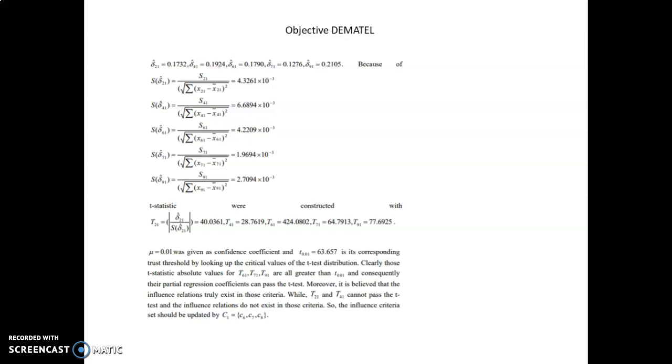Clearly T61, T71, T91 are greater than T0.01, so the partial regression coefficient can pass the t-test. It is believed that the influence relation truly exists in those criteria, and T21, T41 are well different from T61, T71, and T91. So the influence criteria set should be updated by criteria 6, criteria 7, and criteria 9.